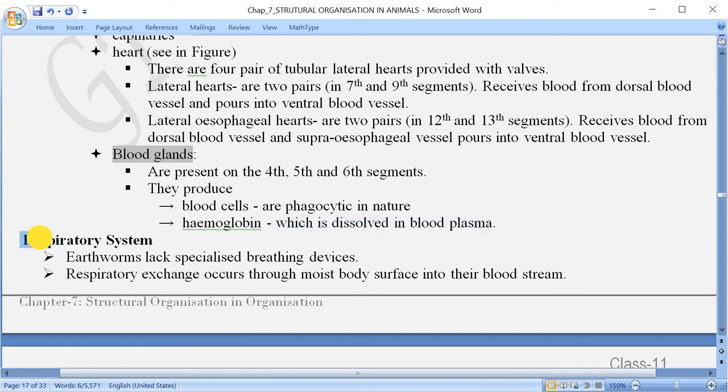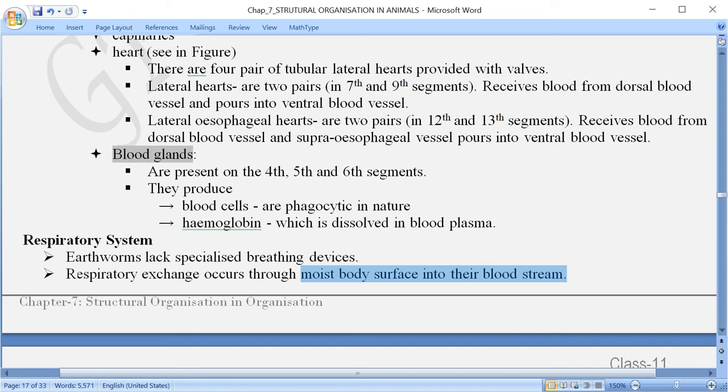Respiratory system is not much developed, you can say. Means what? There is no system like that. The whole body surface, or let us say the skin itself, it is the respiratory surface which remains moist, and just under the skin they have the supply of blood capillaries so that they can carry out the exchange of gases, exchange of carbon dioxide and oxygen from the atmosphere.